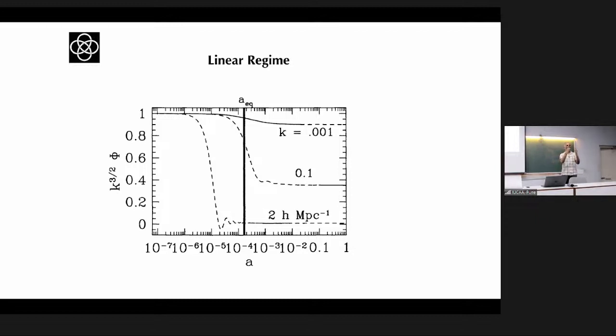So even if you assume that all the density contrasts are comparable to each other, the mean densities are not comparable. The mean density of radiation is much, much more than the mean density of non-relativistic matter. So the fluctuations of radiation are more important than the fluctuations of non-relativistic matter at these epochs.